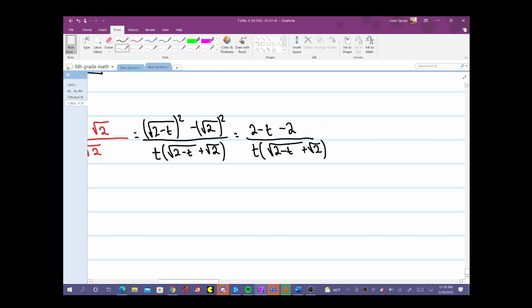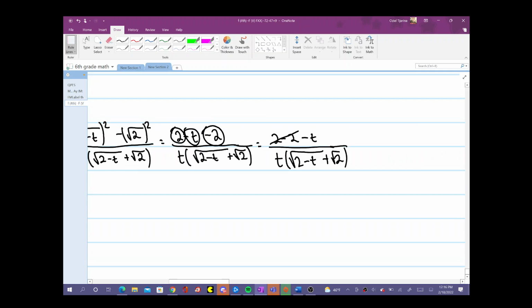So then we're going to get 2 minus 2 minus t, right? So we have a 2, a negative t, and a negative 2. The 2 minus 2 cancels out. We're left with t times the square root of 2 minus t plus the square root of 2 on the bottom.